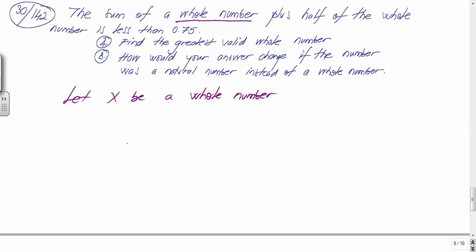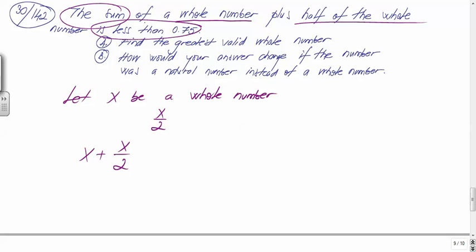What it says? The sum of x plus half of x, so you have x over 2. The sum of x, so I have x plus half of it, is less than 0.75.